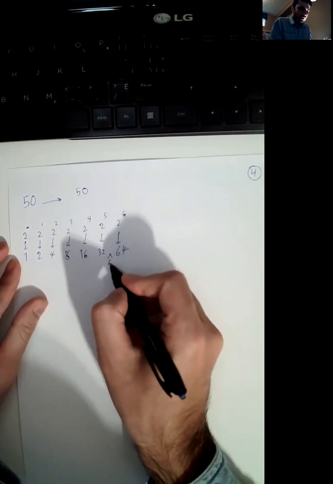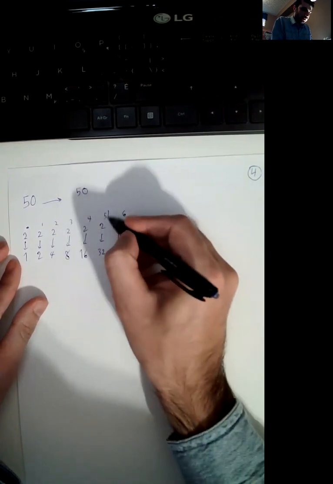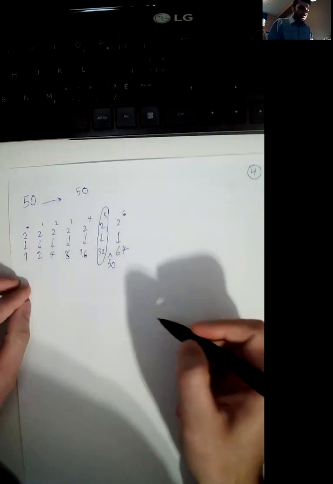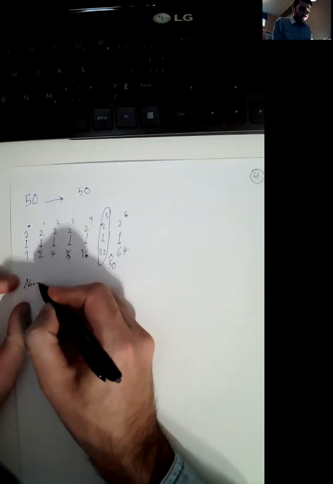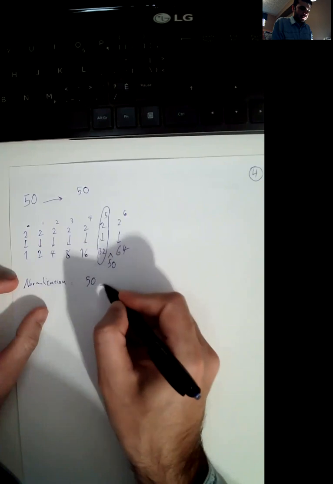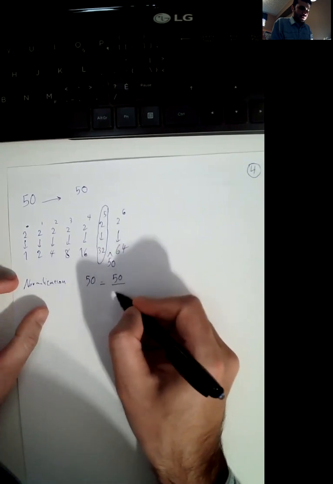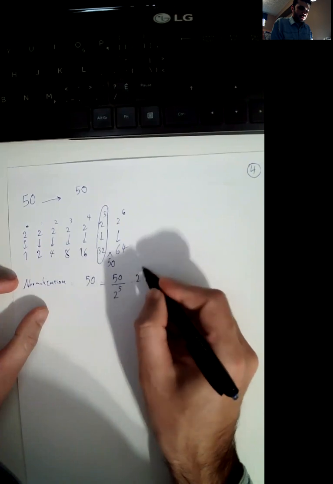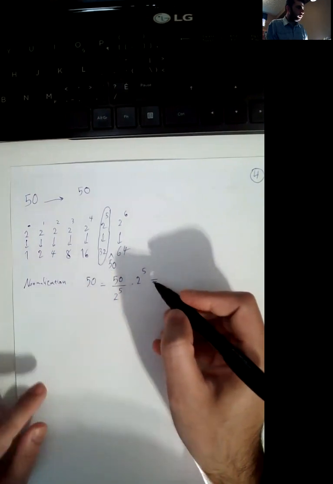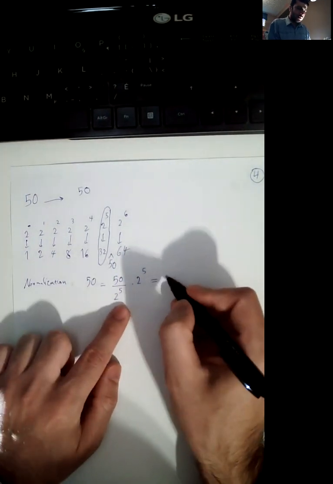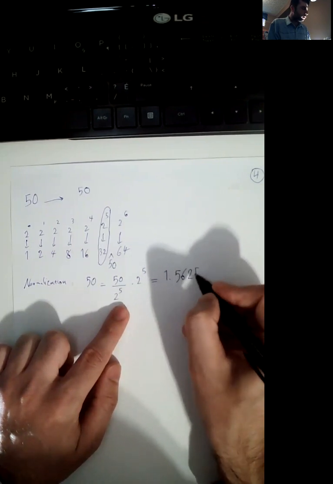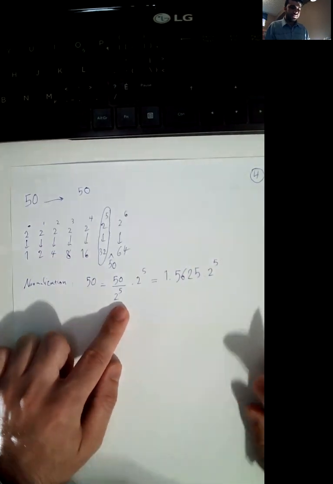Now you see that 50 is here, so you should select 2 to the power of 5. Normalization, the first step: 50 is 50 over 2^5 times 2^5. If you divide 50 by 2 to the power of 5, that will be 1.5625 times 2 to the power of 5.